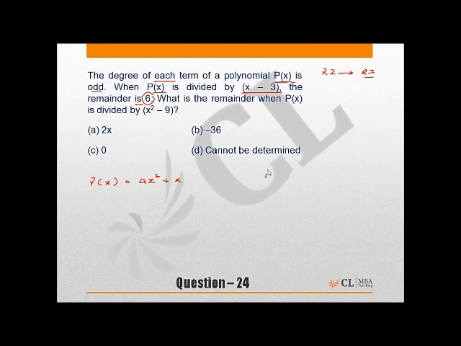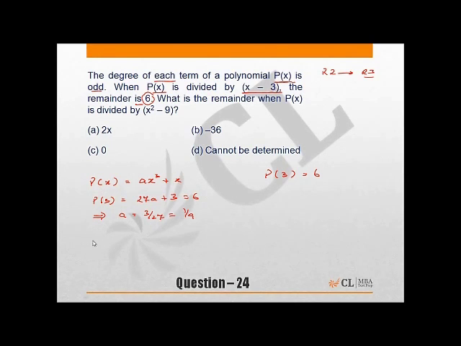This means that P(3) should be equal to 6, if you remember your remainder theorem. So what is P(3) here? It is 27a plus 3, which should be equal to 6. So a will be equal to (6 minus 3) by 27, or 1 by 9.